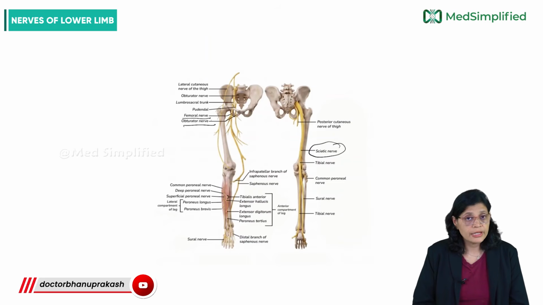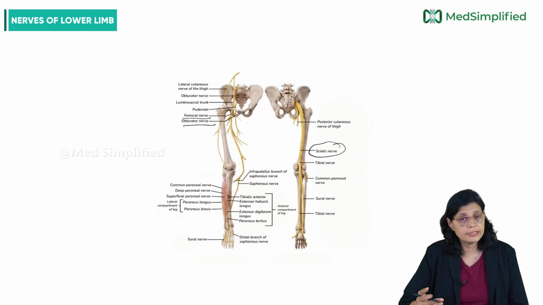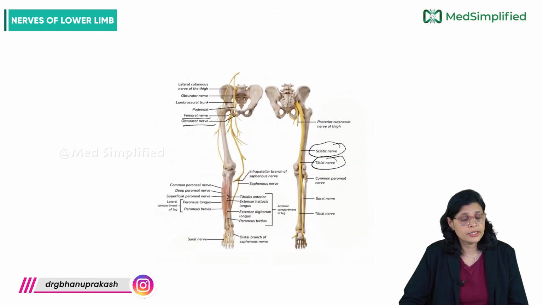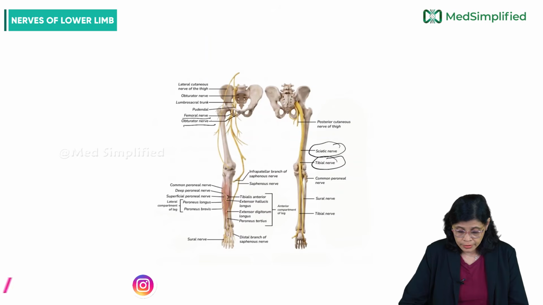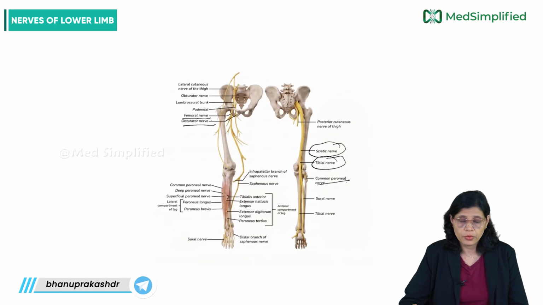Now when we come to the leg, the sciatic nerve will divide into two, that is the tibial nerve and the common peroneal nerve. The tibial nerve forms the nerve of the posterior compartment or the flexor compartment of the leg. The common peroneal nerve will divide into the superficial peroneal nerve and the deep peroneal nerve.